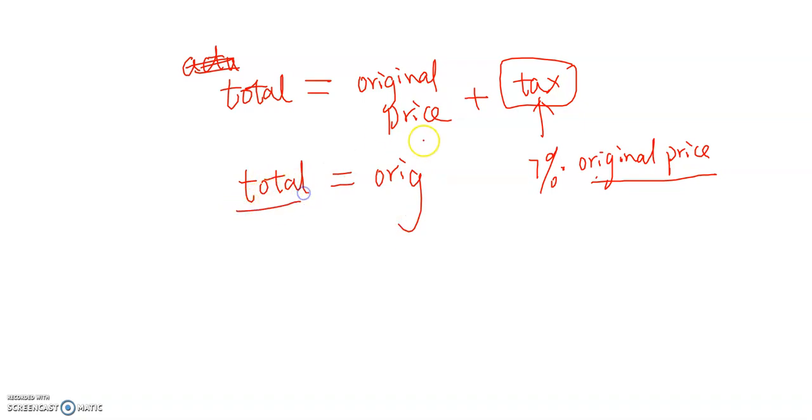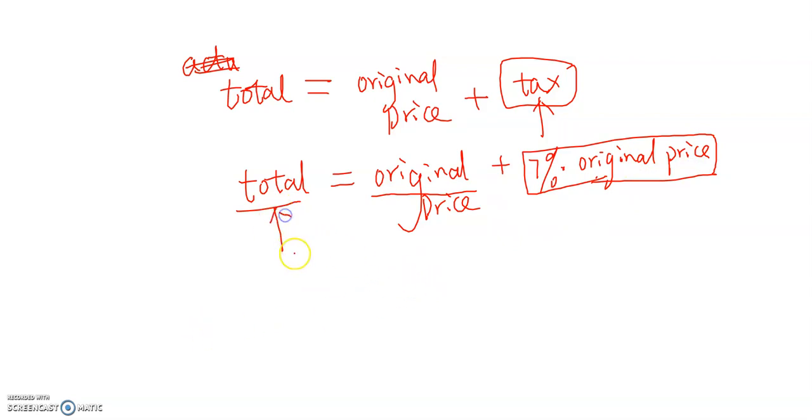So the total, let's say the total amount you pay for the car, not only do you have to pay the original price, but also you have to pay a percentage of the original price, which gives you the tax. But in the homework, the amount they gave you is the total, which already includes the tax in there.